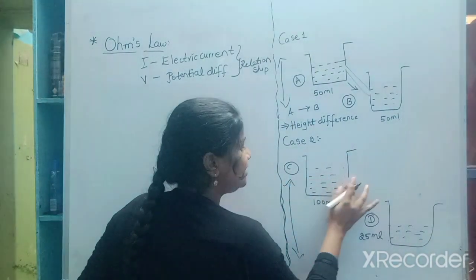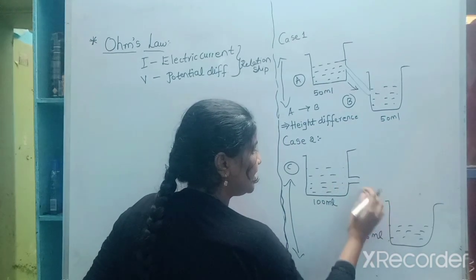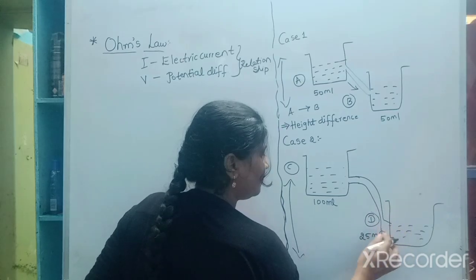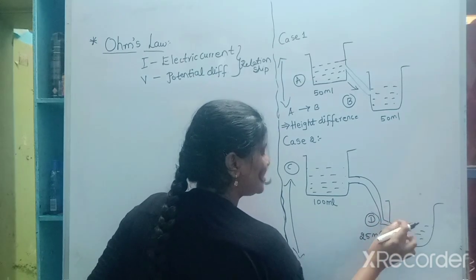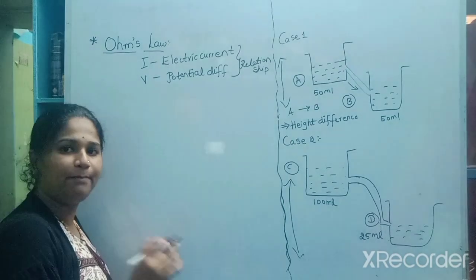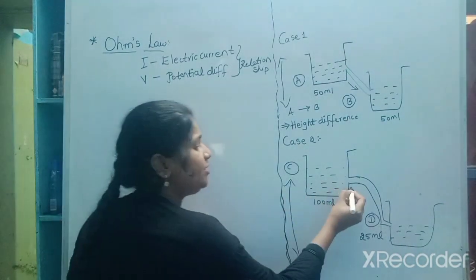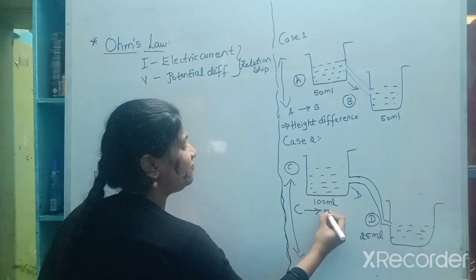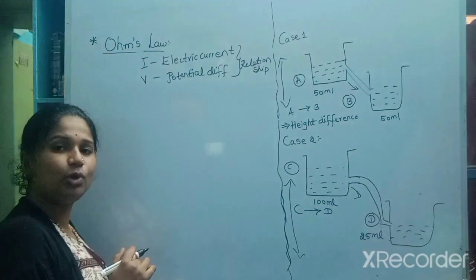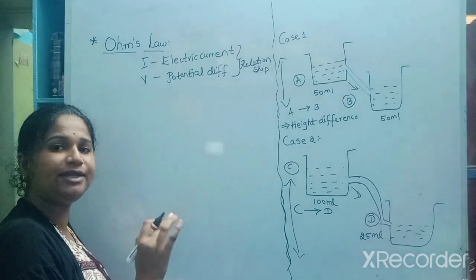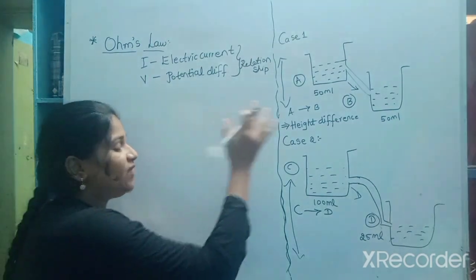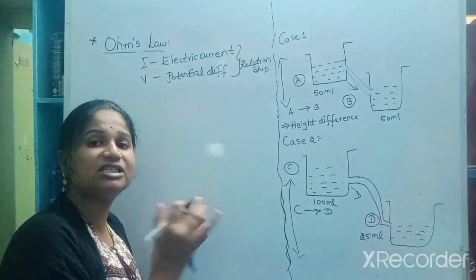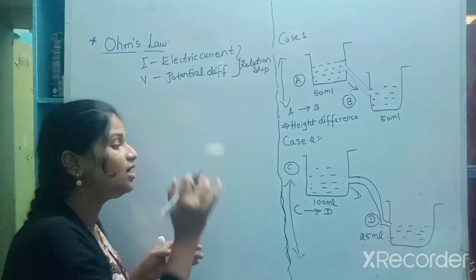Now let us connect these two beakers with a pipe. When you see the flow of water here, the flow of water will be from C to D. And when you see the speed of flow of water, it is more.